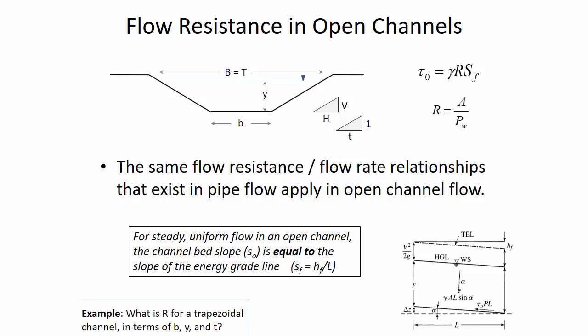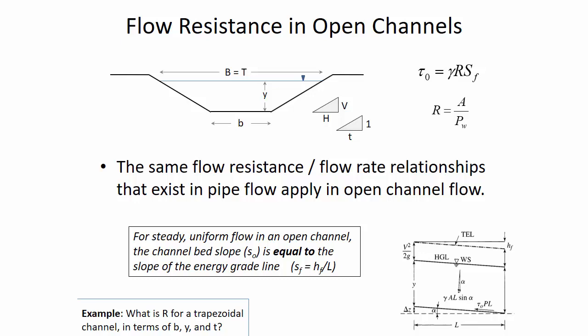And if we have a side slope of 1 to t, then what that means is this length can be calculated with the square root of y squared plus (ty) squared. So if the flow depth y is known, that'll allow you to calculate the length of the sides.